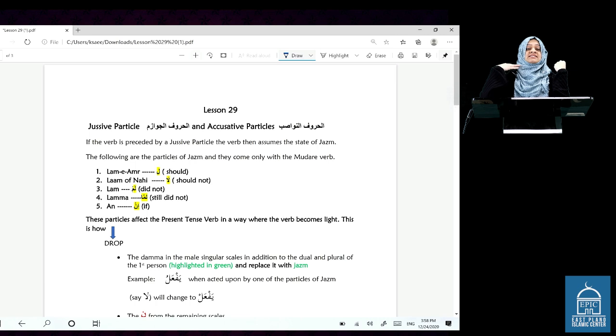And then there is the set of particles that cause the verb to be in the state of nasab, and they're called accusative particles in English.